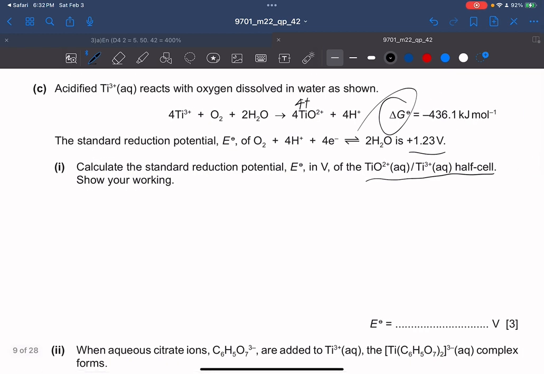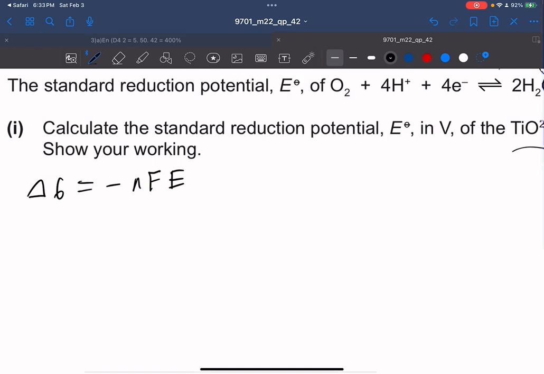So if you can recall, delta G is equal to negative NFE. So we can actually figure out E cell by doing delta G divided by negative NF.